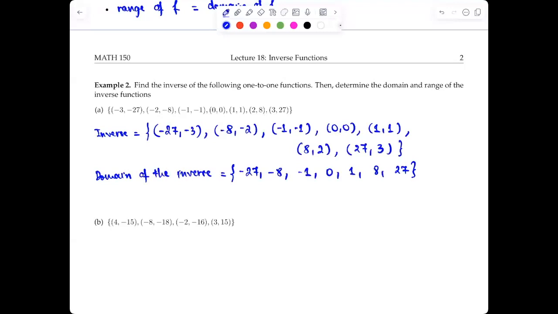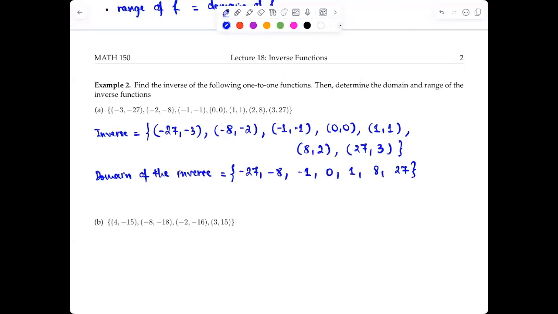In exam 1, some of you wrote the answer as from -27 to +27, which is wrong because these are discrete points.